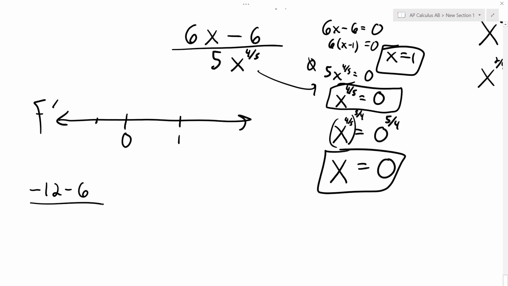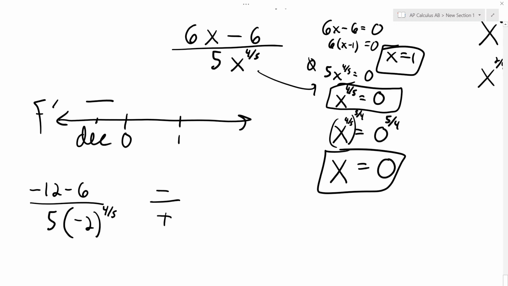So all that matters is that's a negative number. Over 5 times -2 to the 4/5. Well, that says raise it to the 4th power and then take the 5th root. What's going to happen to a negative number if I raise it to the 4th power? It's positive. So this is a negative over a positive, which means on this interval, negative, decreasing.